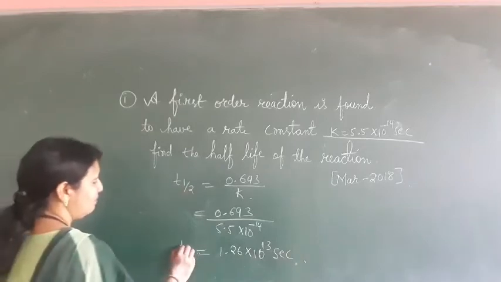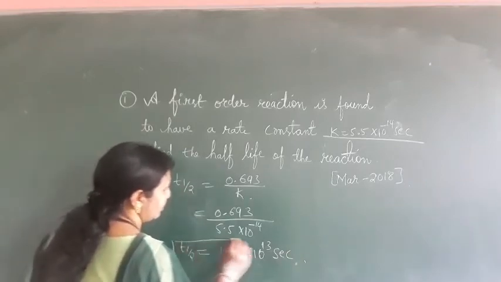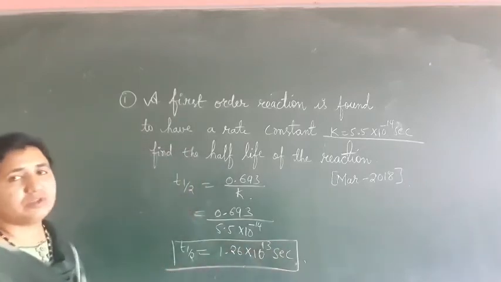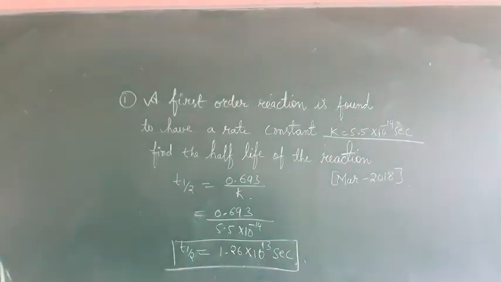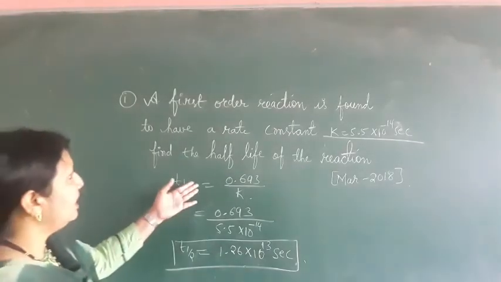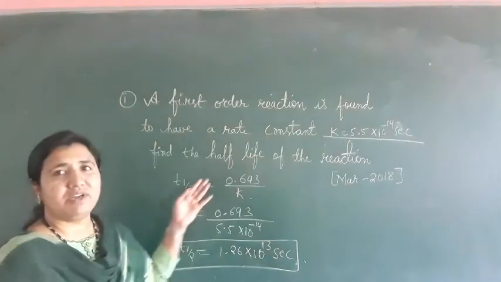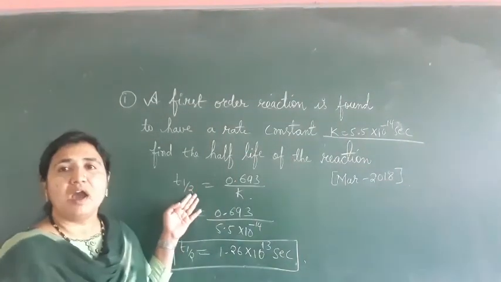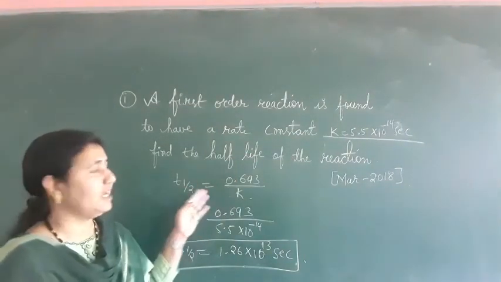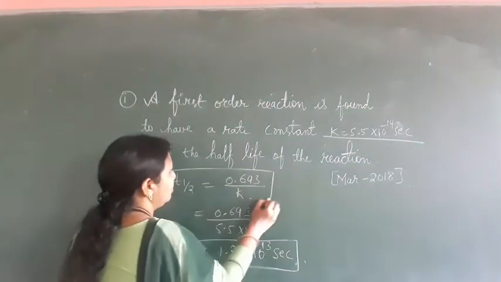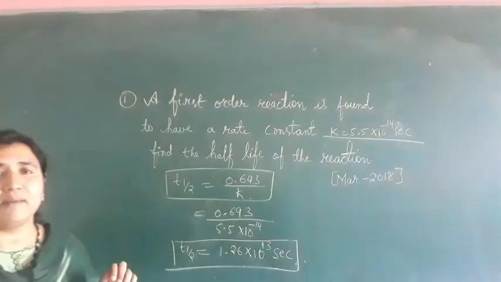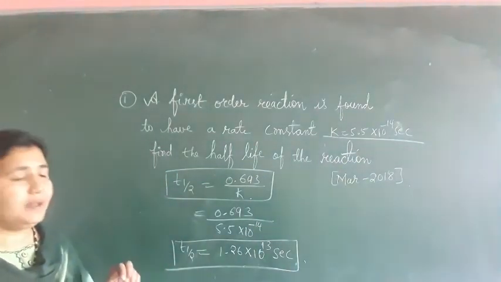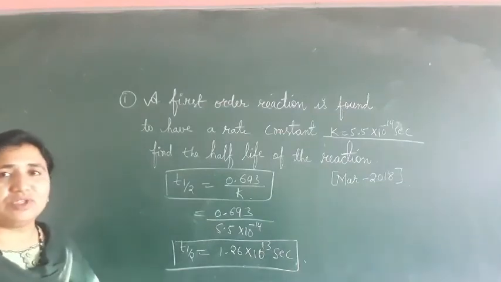So this is the half life of the first order reaction. It is a 2 marks question from March 2018. Easy only. The rate constant is given, and the t half formula of first order reaction is t half equal to 0.693 by K. So a 2 marks question you can get here.